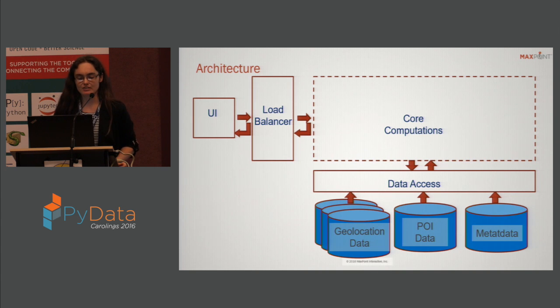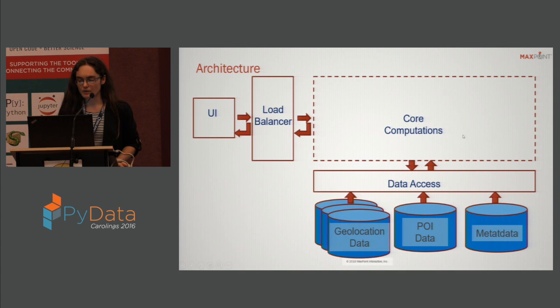So the basic architecture. I'm going to be using this slide throughout the talk to orient you as to where we are. The architecture for this solution is modular so that everything's separated out. You have the UI where we can make requests to our system and ask for studies, a load balancer that allows multiple requests to be made at once.